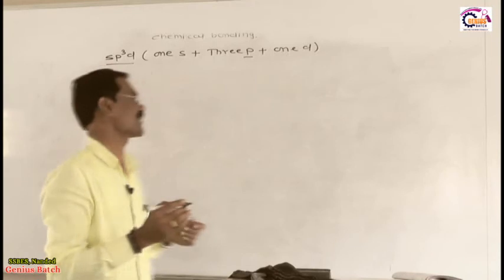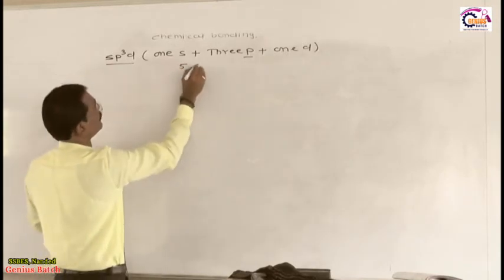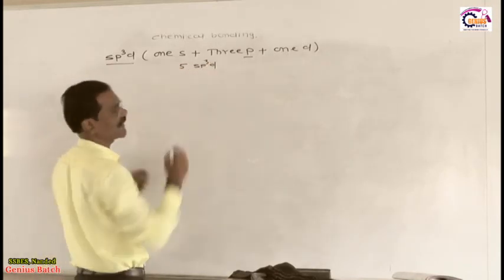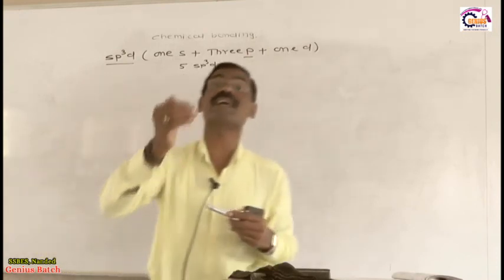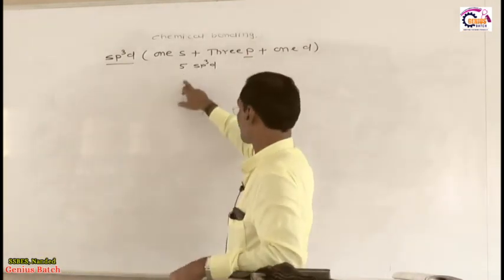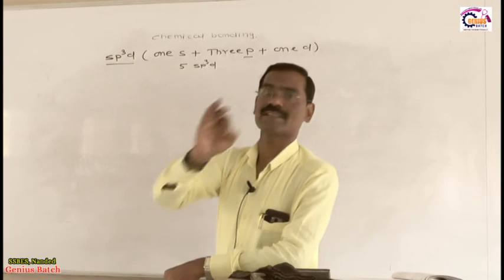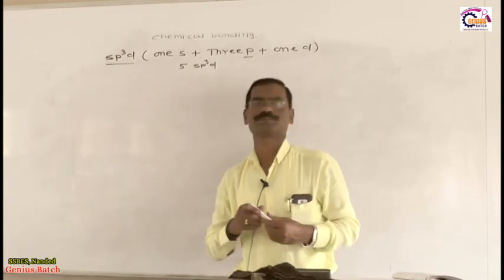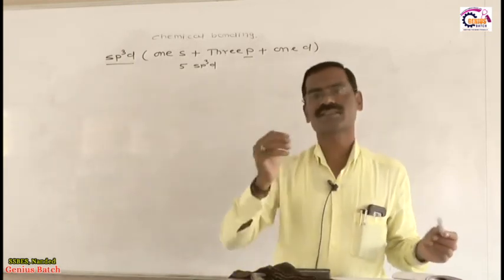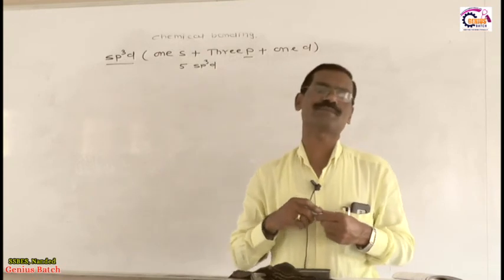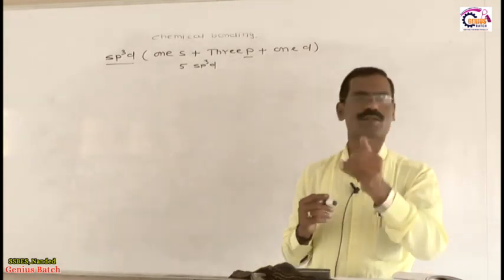After mixing, it gives 5 new orbitals which are equivalent in energy as well as shape. Such 5 new orbitals are called sp3d orbitals. Is it okay?